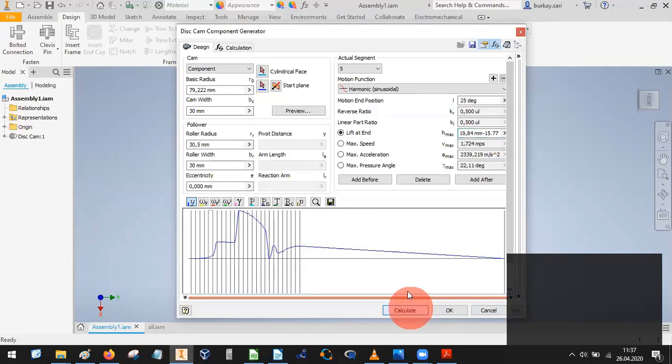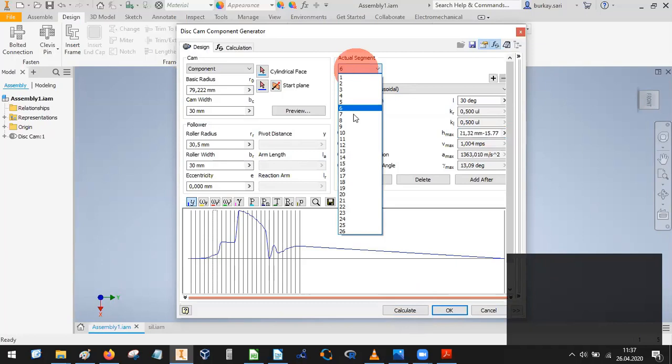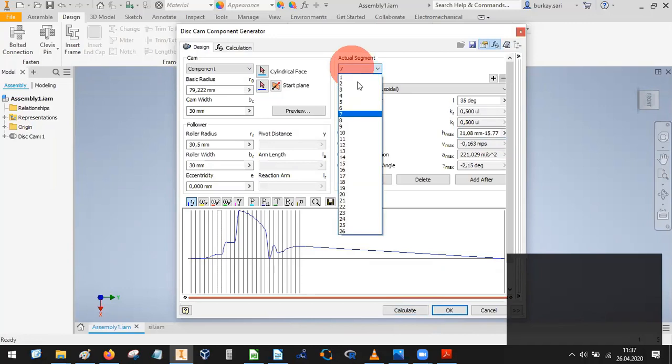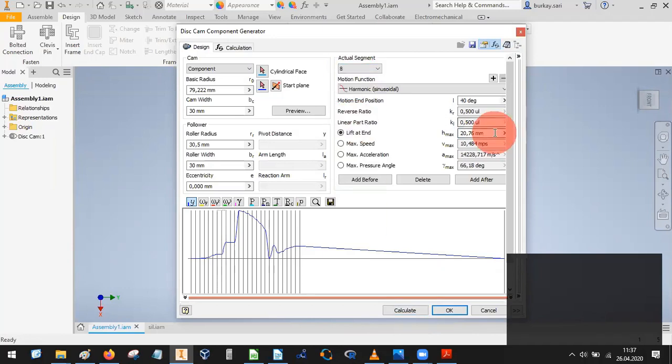Again, calculate. Sixth one, 15.77. Again, calculate. 7, minus 15.77. Calculate. 8, minus 15.77. Calculate.